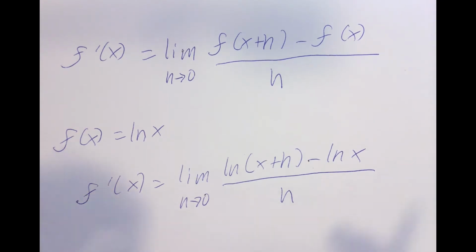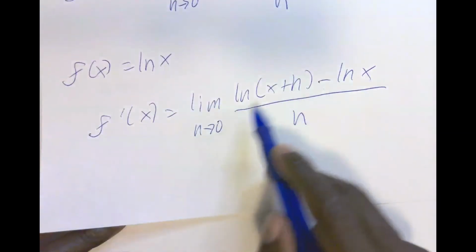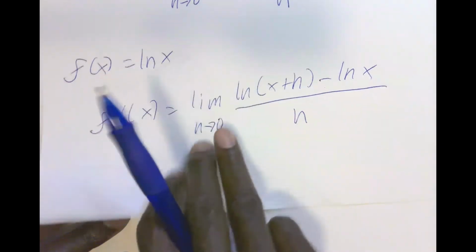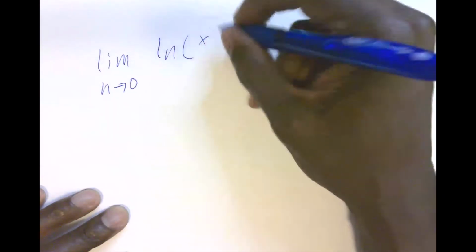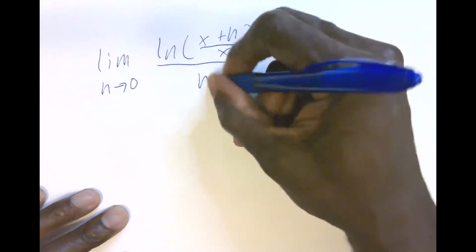So therefore, I can write the limit, I can write ln(x plus h) minus ln x as ln of (x plus h) over x, and that's over h there.